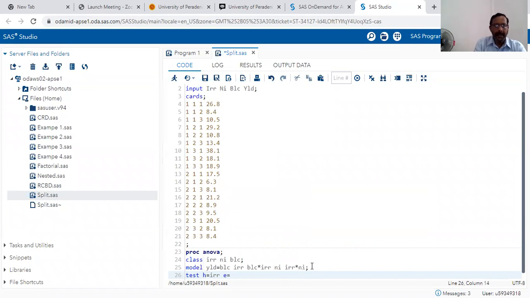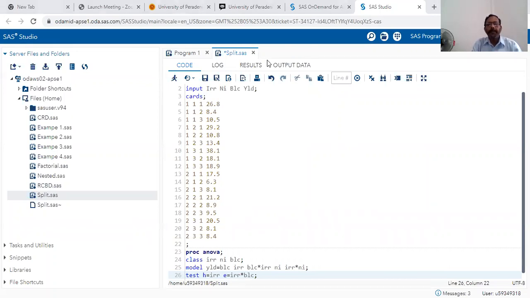What is the error term? Irrigation into block. We can write irrigation into block or block into irrigation. It will give the same answer. Don't worry about that.